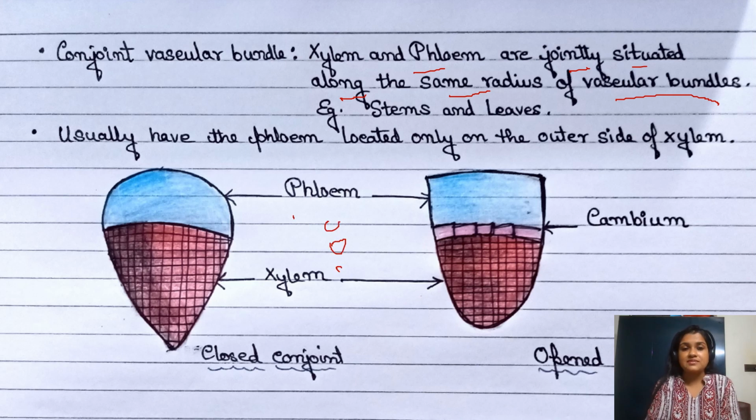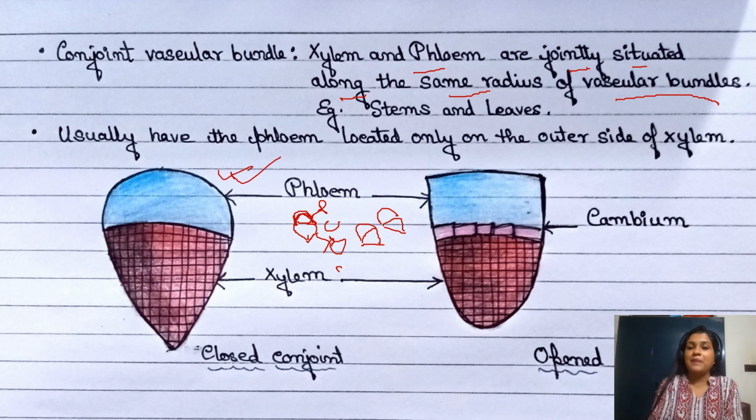No, it is phloem and xylem together. Phloem, then xylem. Clear? So this is known as the conjoint arrangement of vascular bundles.